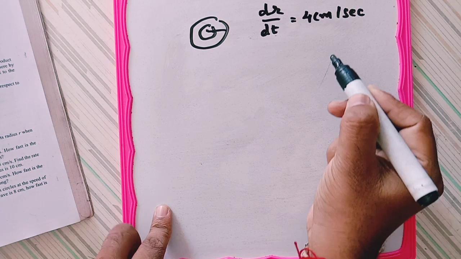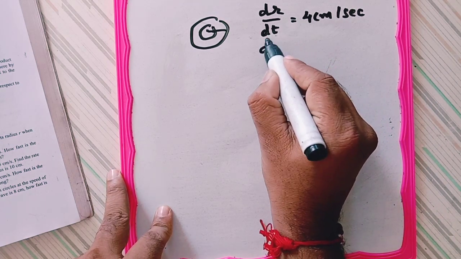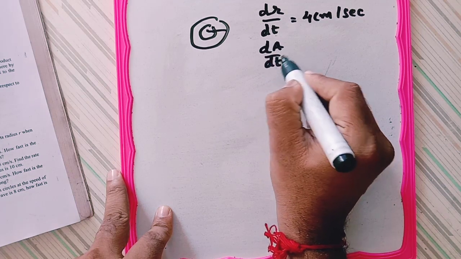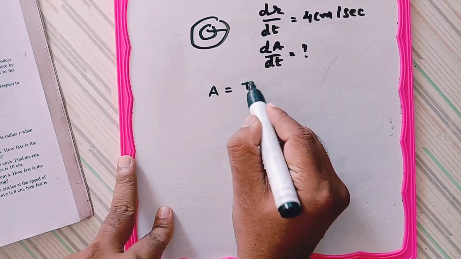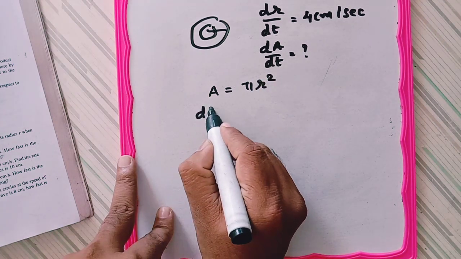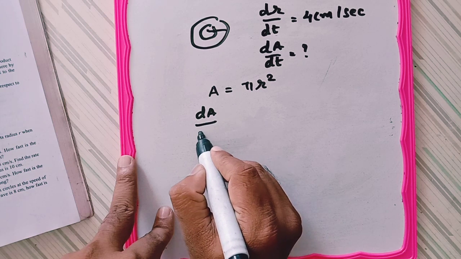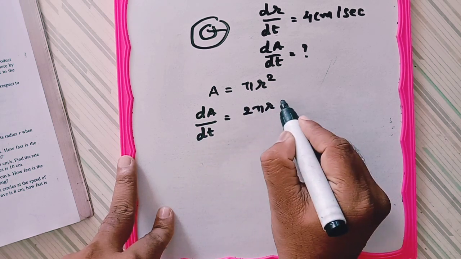We have to find the increase in area, so we have to calculate dA by dt. The area of a circle is pi r square, and taking differentiation with respect to time, dA by dt equals 2 pi r dr by dt.